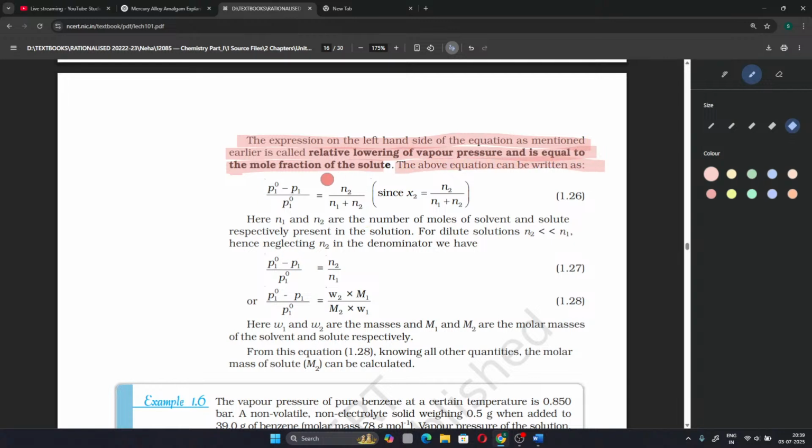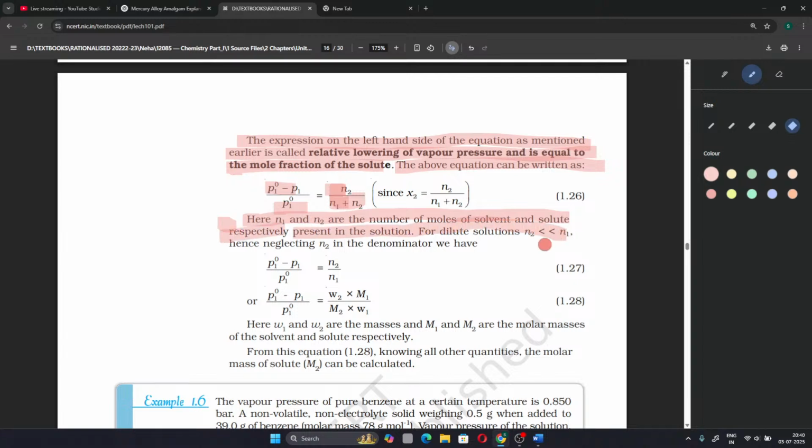The above equation can be written as follows, because we are substituting the mole fraction value, which is N2/(N1 + N2) = (P0 − P1)/P0. Here N1 and N2 are the number of moles: N2 is the number of moles of solute and N1 is the number of moles of solvent present in the solution.